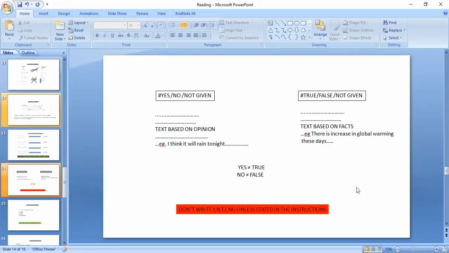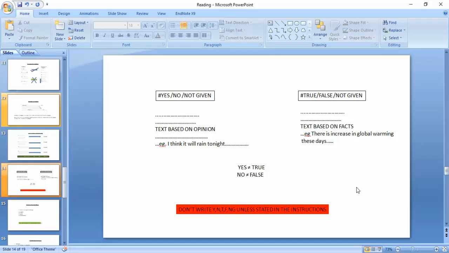But on the other hand, if the text is based on certain facts or reality or truth, for example, there is increase in global warming these days. Sun rises in the east, the sun sets in the west, the earth is round. The questions from these types of text would be of the type true, false, and not given.